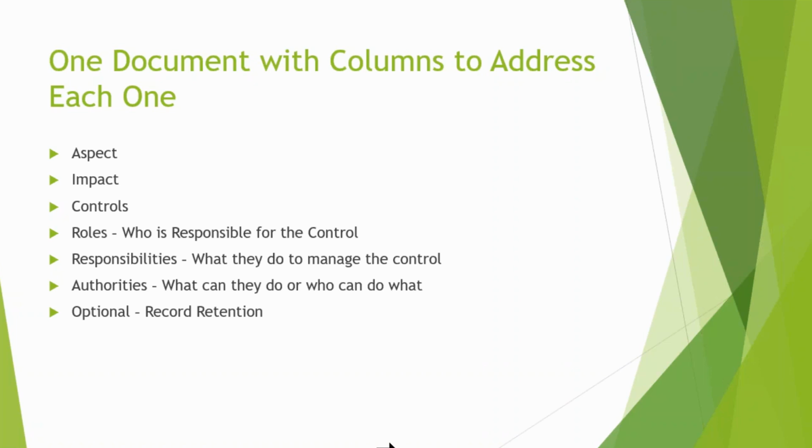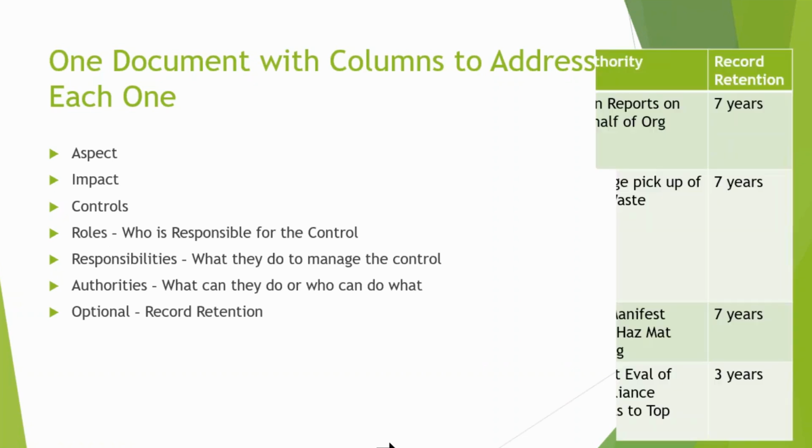Think in terms of an Excel spreadsheet that has the column headings of aspect, impact, controls, roles, responsibilities, authorities, and the record retention requirements. So let's look at an example of this.